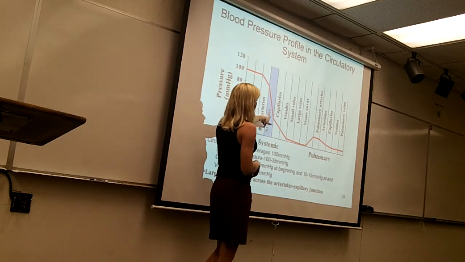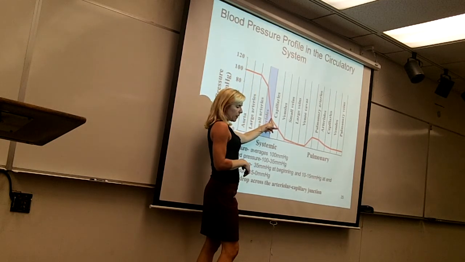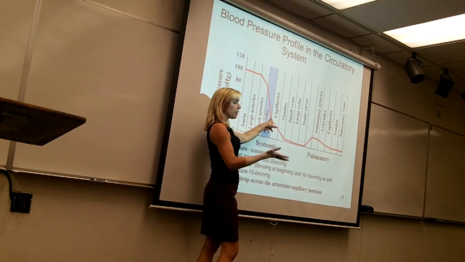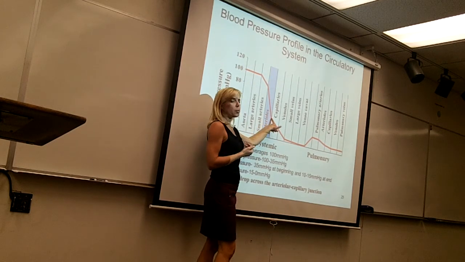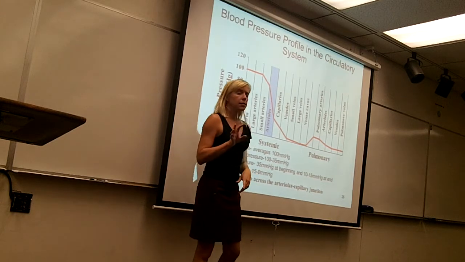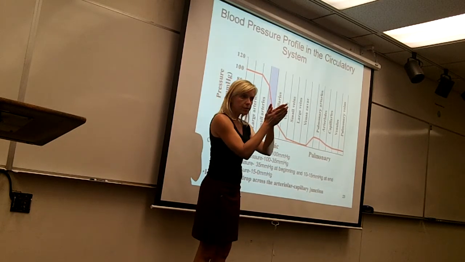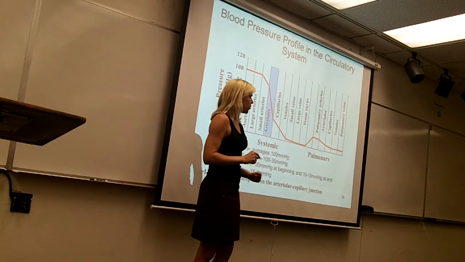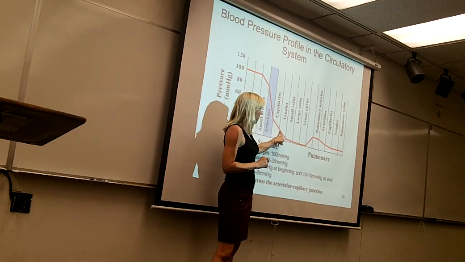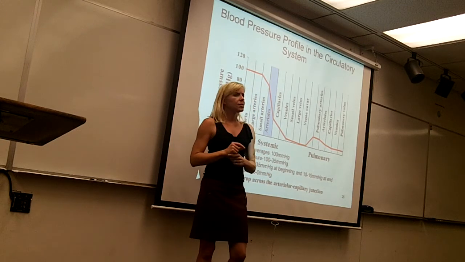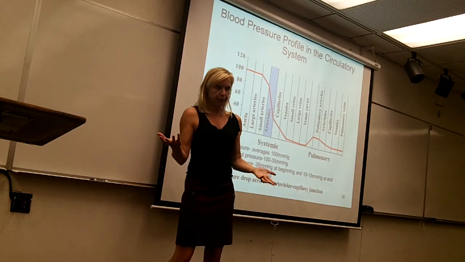At the beginning of a capillary bed, near the arterial end, the pressure is 35 millimeters of mercury. At that point, it doesn't make sense to say systolic or diastolic because the two have fused. Just one pressure. At the venous end of a capillary, it drops down to about 10 millimeters of mercury or so.